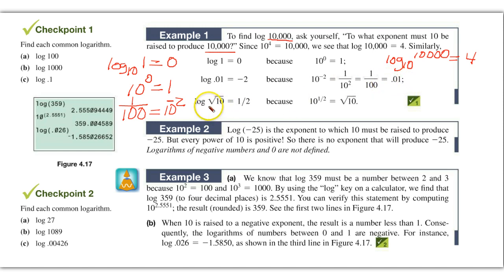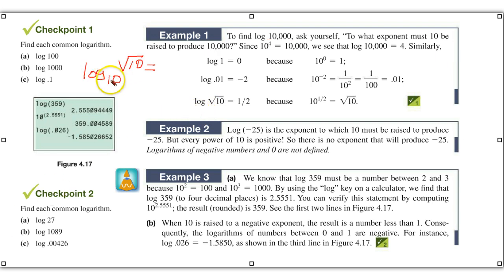Now, in writing this, log base 10, this is the answer. And if we want to convert the square root of 10 to its fractional exponential form, remember there's a 2 there, and there's a 1 there.